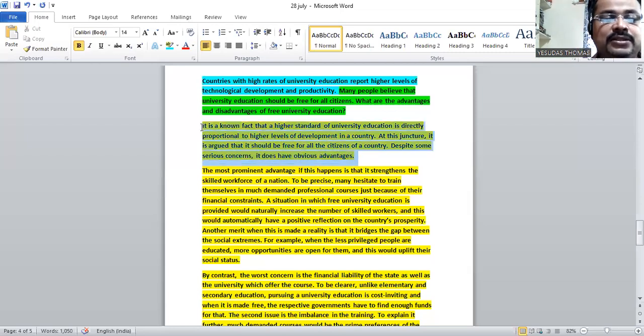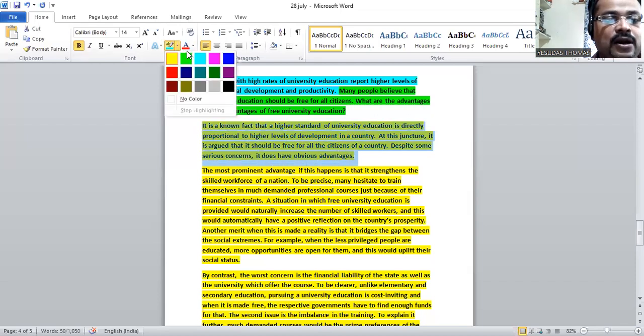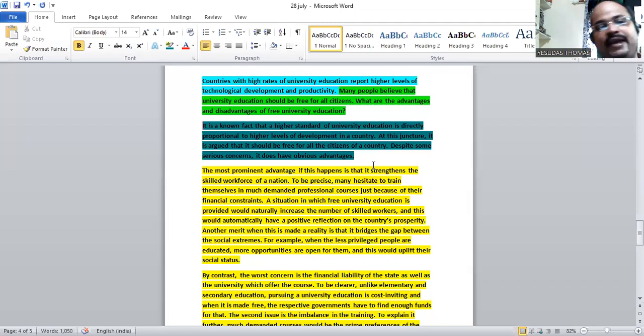Now we can see the particular introduction. It's a known fact that a higher standard of university education is directly proportional to higher levels of development in a country.